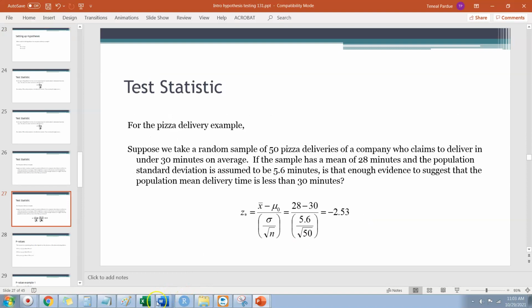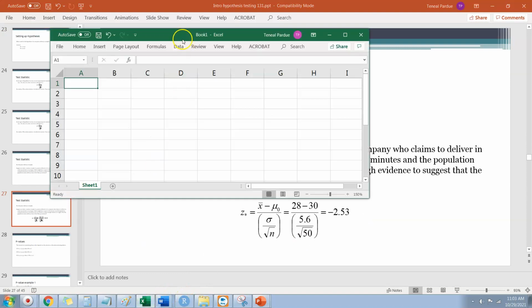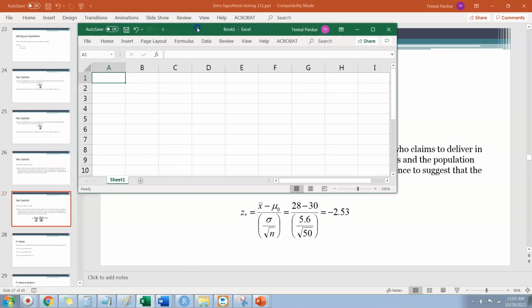And I'm going to pop out of here and show you how to do that calculation. I'm going to show it in Excel because I think most of you have calculators that work the same way. There's a couple different formats that calculators come in. So we need to put parentheses around the top so that the calculator knows the order of operations we need. And we're going to put parentheses around the bottom as well.